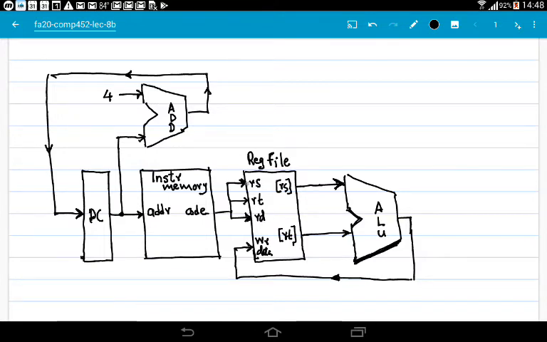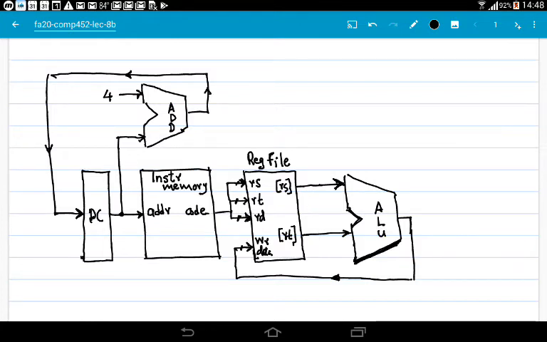So this is a 5-bit number, this is a 5-bit number, this is a 5-bit number, this is a 5-bit number, and this is a 32-bit number. This is 32-bit, this is 32.